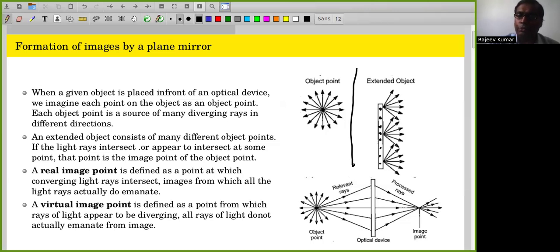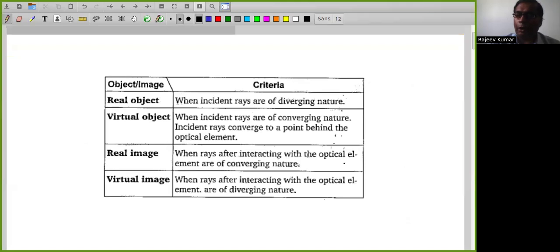So these are the prominent differences between a real image and a virtual image.